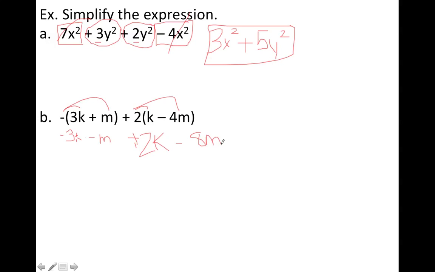Okay, take a moment, see if there's any like terms, combine them, pause it, come back, and see if we have the same answer. You should notice that we do have like terms, and you should get negative k minus 8m. Again, that was negative k minus 9m.